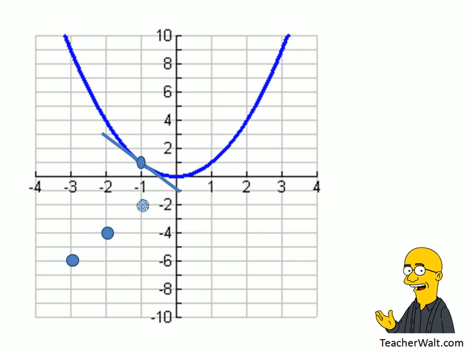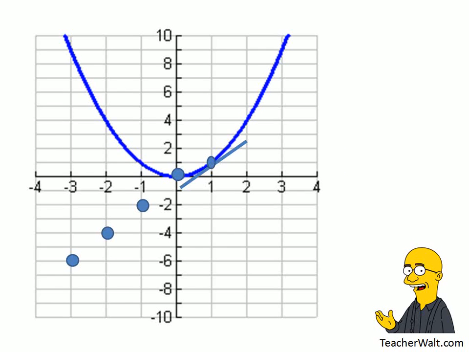Now let's plot this slope, and notice we get -2. Now let's go to the next one at 0. Right at the bottom of the graph, the tangent line has a slope of 0. And if we were to plot that, sure enough, we get a point right at the origin.